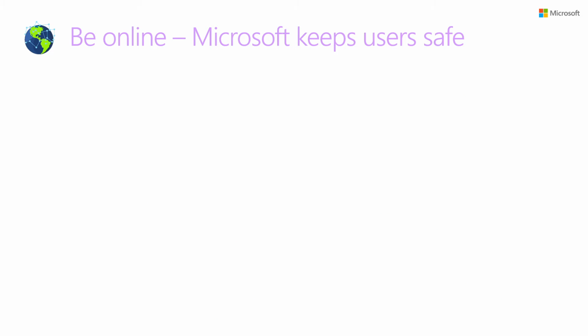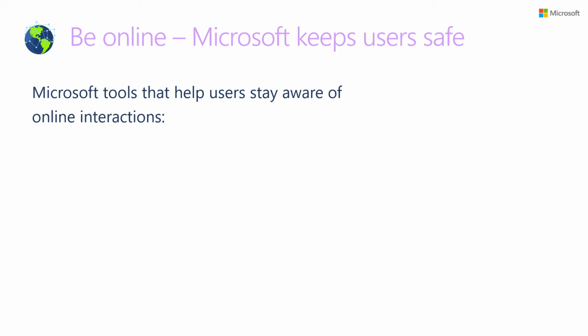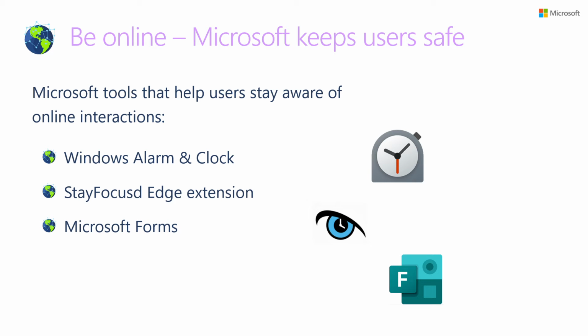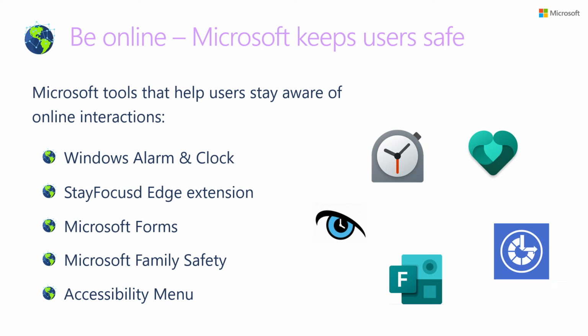So how in this particular guiding principle Microsoft will keep users safe? So Microsoft tools that help users stay aware of online interactions. It includes Windows alarm and clock, stay focused Edge extension in the browser, Microsoft Forms, and Microsoft Family Safety and Accessibility menu.